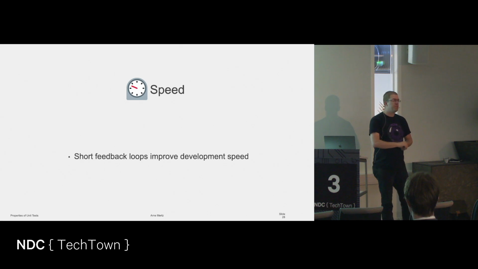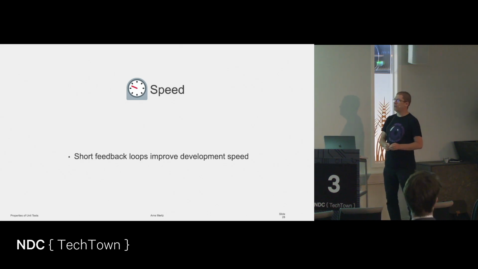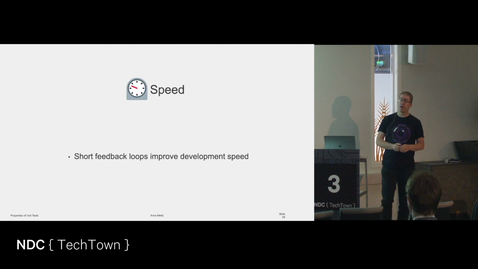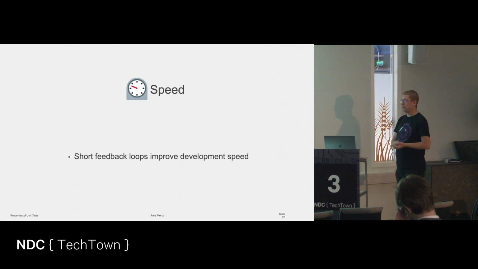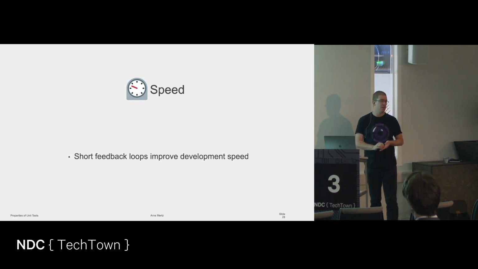Important part about unit tests is speed. At my last employer, we had something that was labeled unit tests, and we had two different versions that we could execute. The fast one would take 45 minutes to complete. The slow one would take like 2.5 hours or something like that.